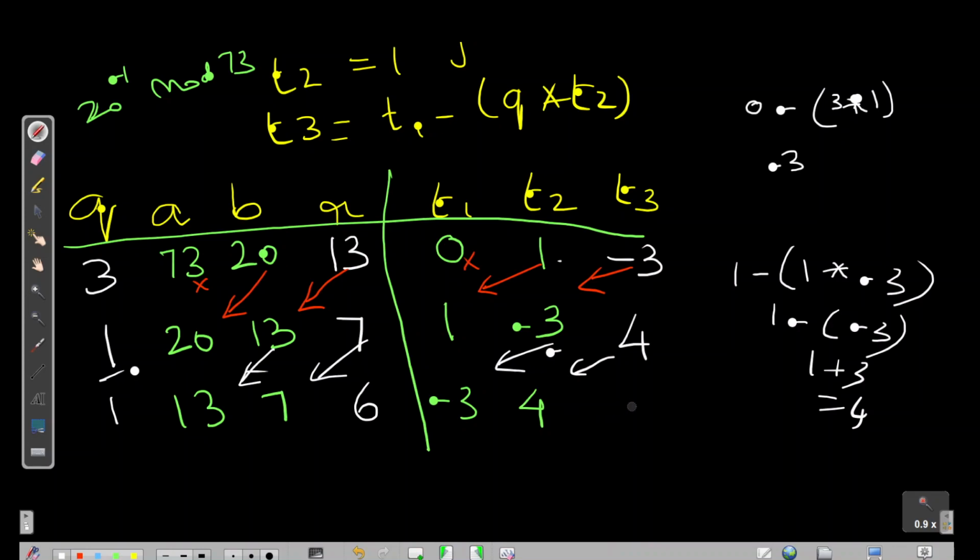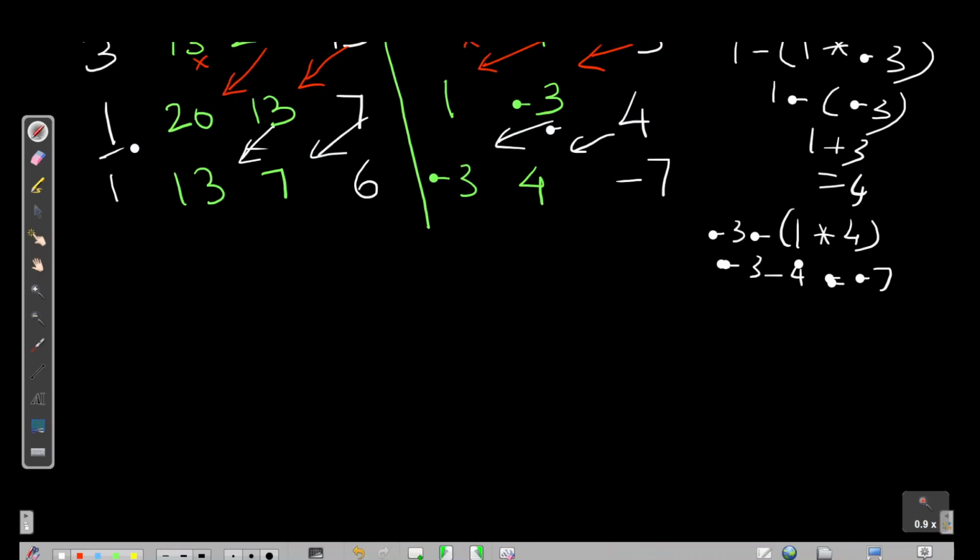Here T3 is T1 minus Q into T2. T1 is minus 3, Q is 1, and T2 is 4. So minus 3 minus 4 gives minus 7. So T3 becomes minus 7.